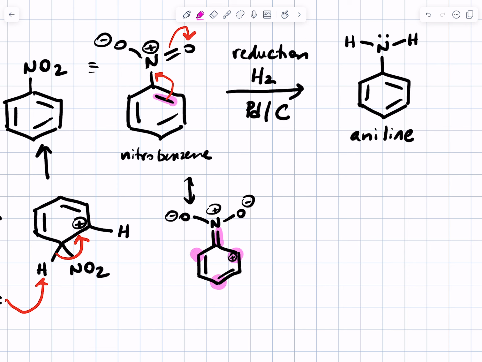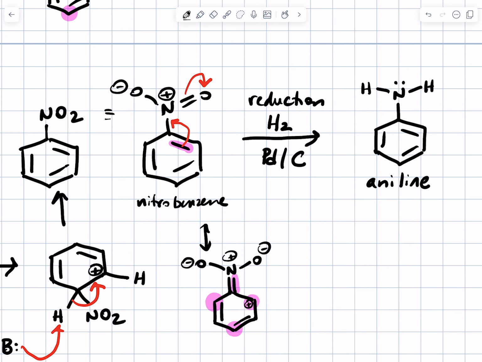And you should be able to see how I can similarly put that positive charge on those other pink atoms. So the effect of the nitro group, we would call the nitro group an electron withdrawing group by resonance. You also expect nitrogen to be more electronegative than carbon, so it's probably a withdrawing group by electronegativity as well. This is going to have impacts on how nucleophilic the benzene ring is and on the regioselectivity of subsequent reactions.